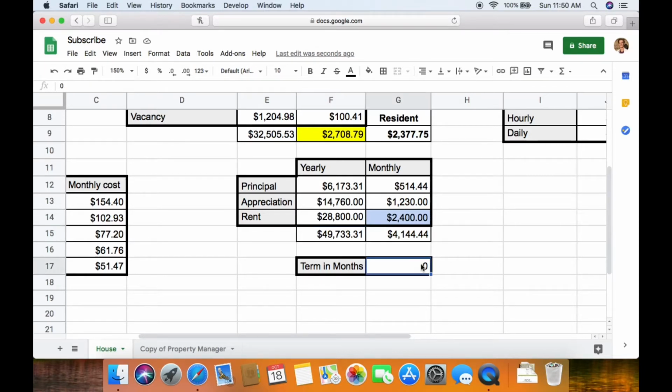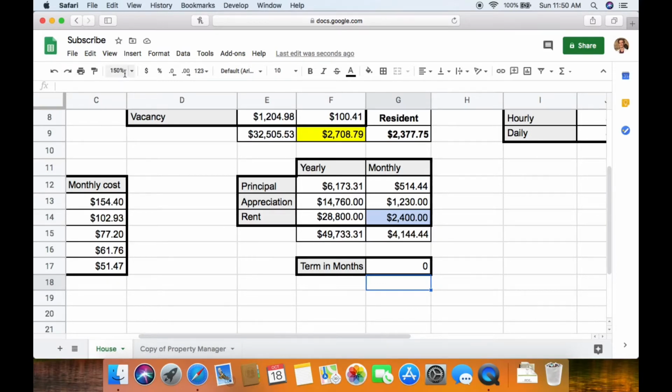If we go over to our second year, you can see our principal is going to go up slightly. We're making slightly more, looking at the second year, third year, and fourth year. You can see the amount of money that you're making on this property is going up slightly every single year by roughly $200.